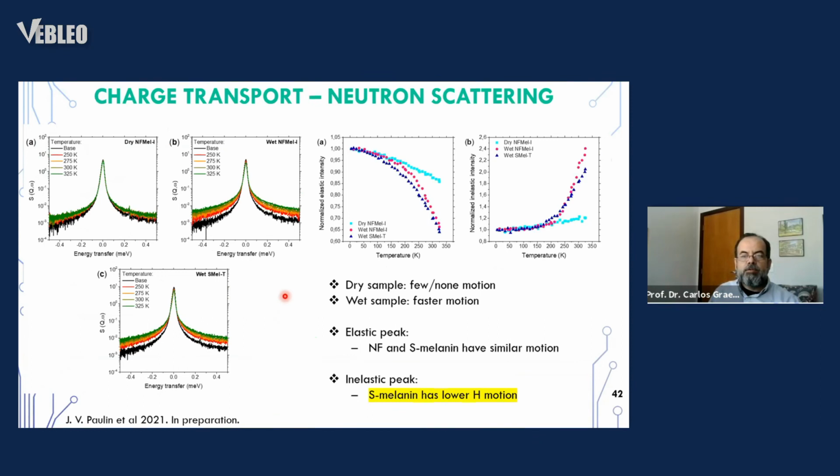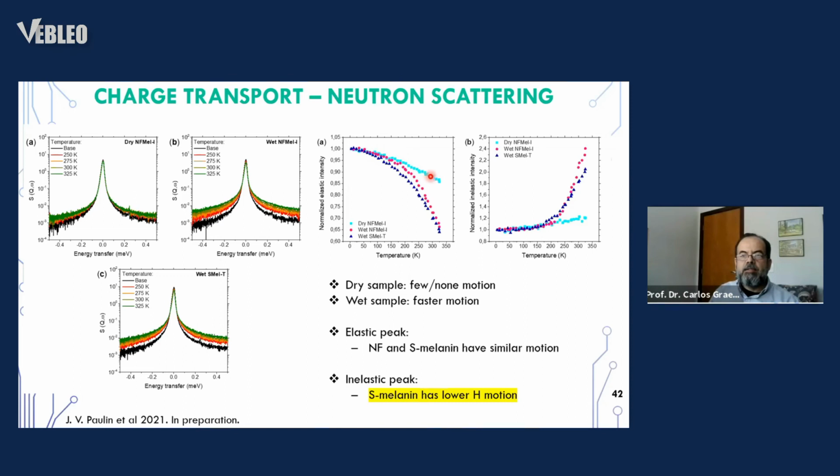So we have also tried to do neutron scattering to see the movements of hydrogen, since we believe that ionic conductivity is important in this material. And we have seen effects of drying and wetting the samples. And from the normalized elastic intensity, we can see the quite clear change.